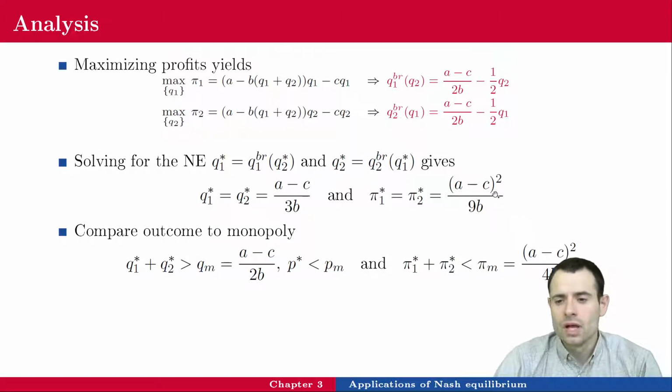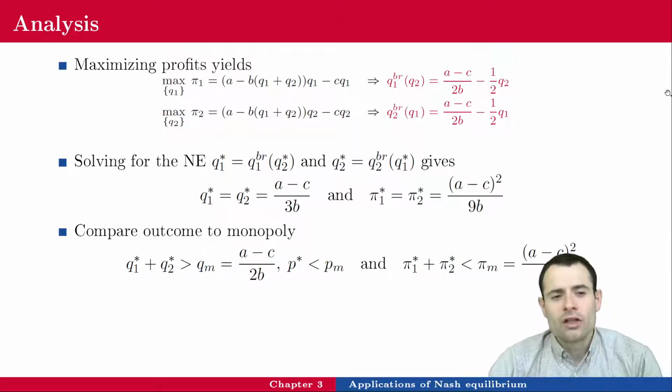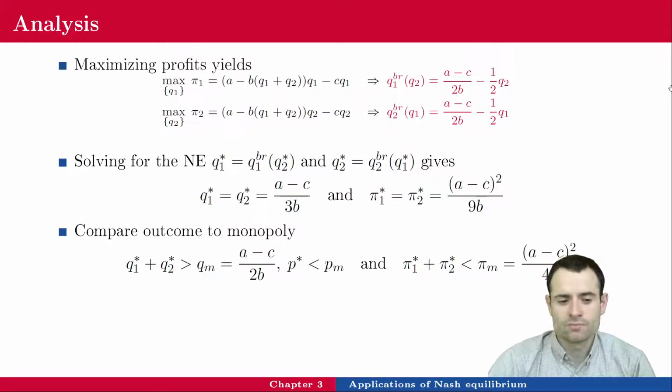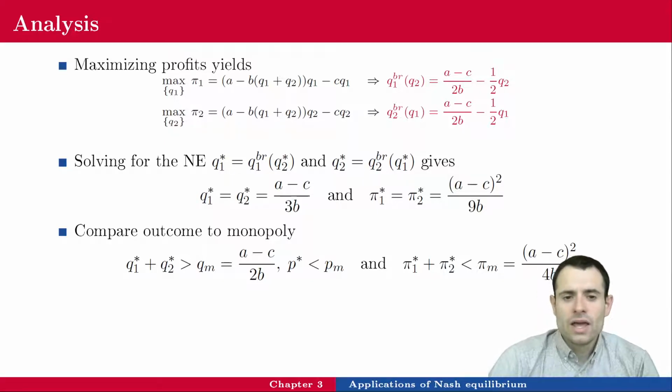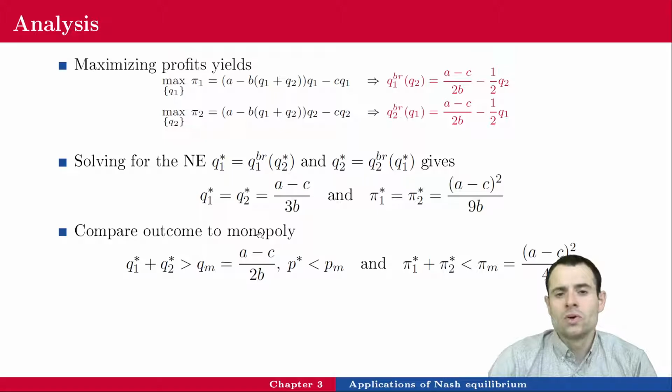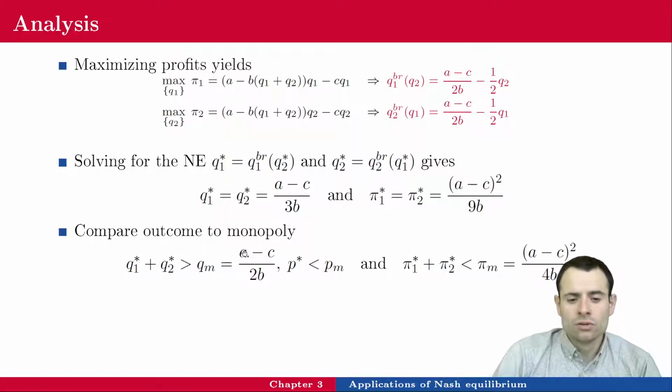Now, it is interesting to compare the case where two firms compete with the case where there's only one firm on the market, a monopolist. If the firm was a monopolist, the monopoly quantity, using marginal revenue equal to marginal cost, would be equal to A minus C over 2B.